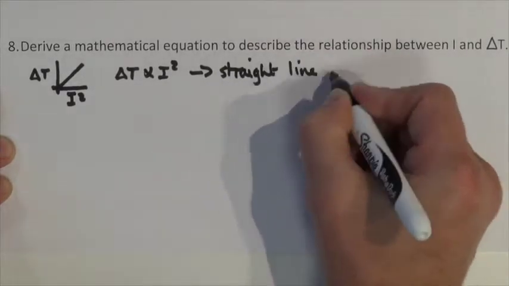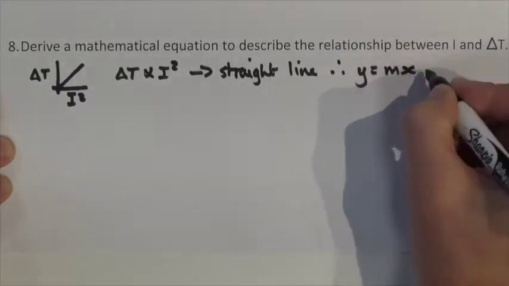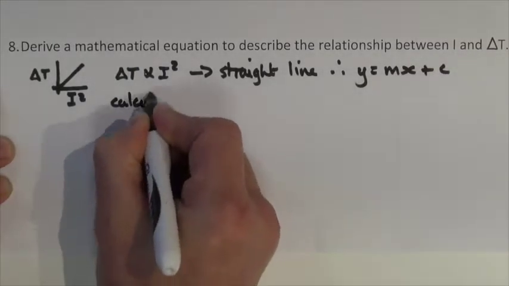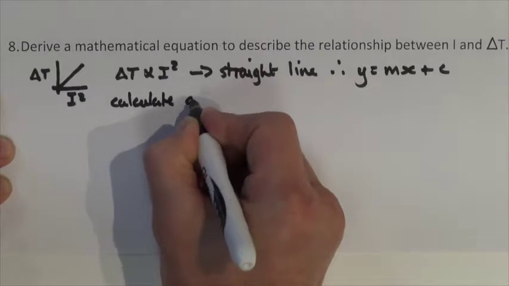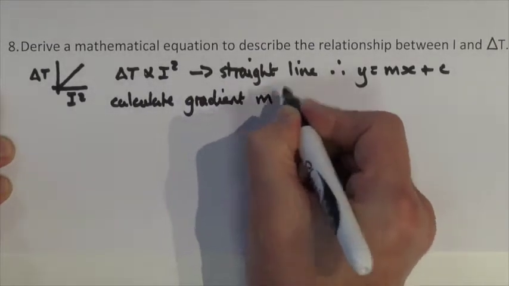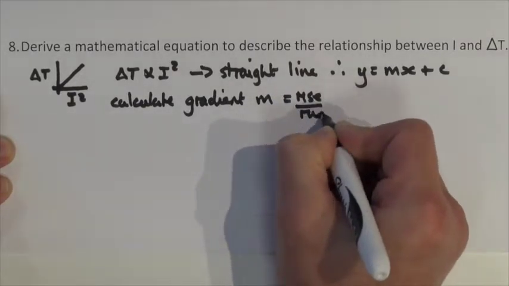With it being a straight line, it means that y equals mx plus c can be applied, where m is the gradient of the line and c is the intercept. Now c goes through 0, 0, so all I have to do is calculate the gradient of that straight line of delta t over I squared. So it's the rise over the run.